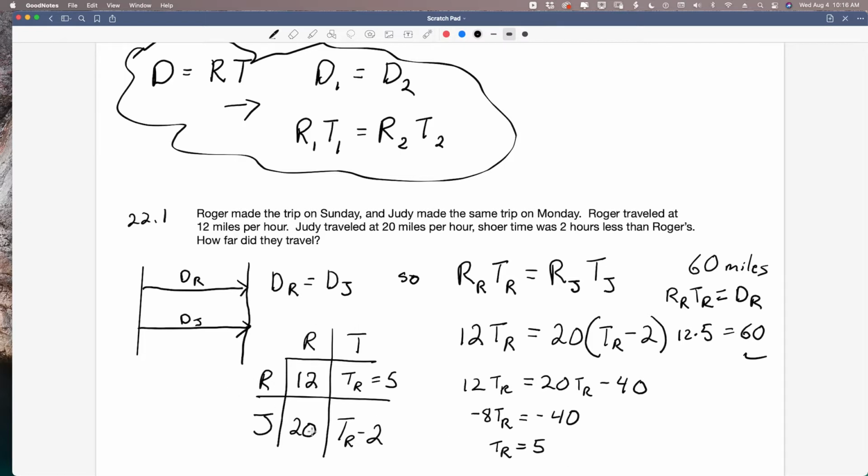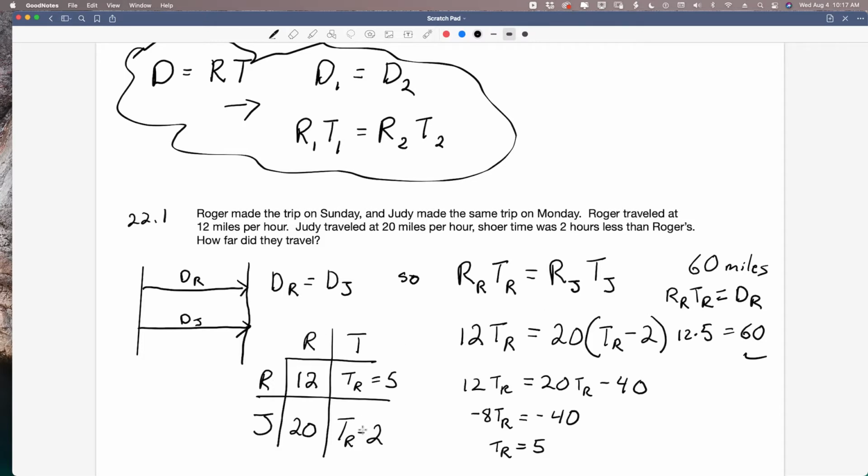Okay, so you can see how making your chart and making your illustration helps you with uniform motion problems. It helps you to visualize, remember the formula, and create the proper number sentence with the right variables.